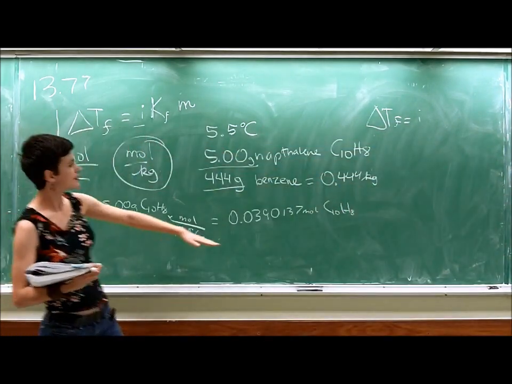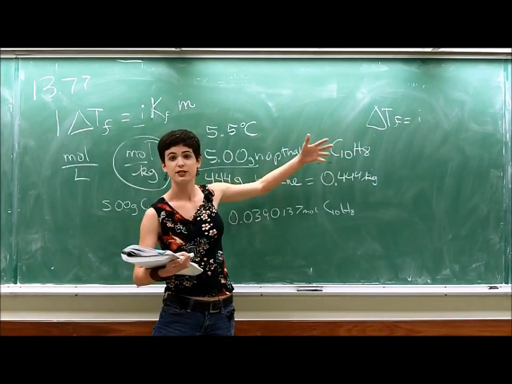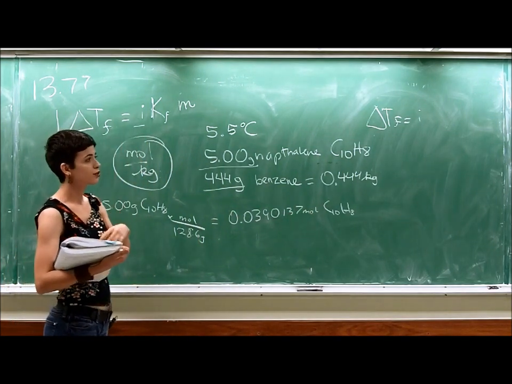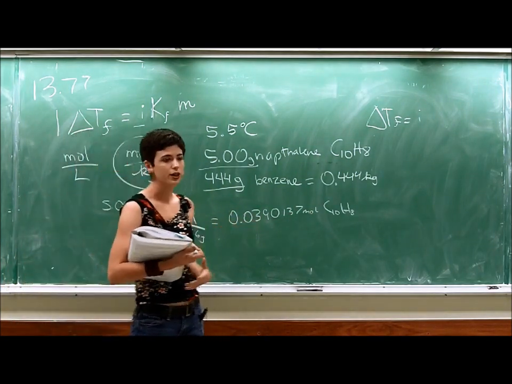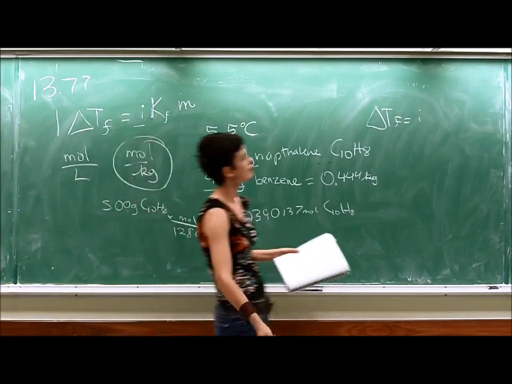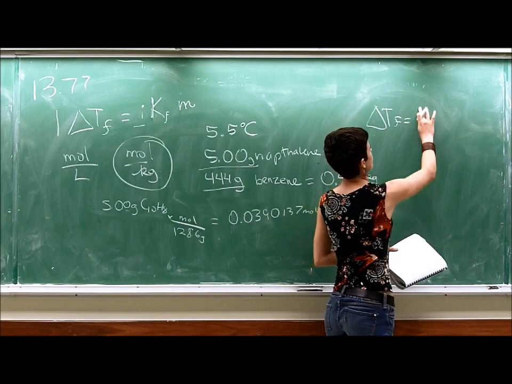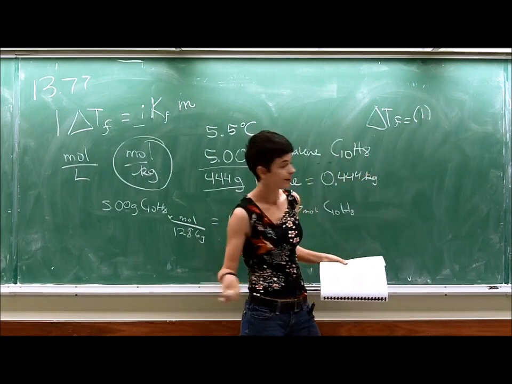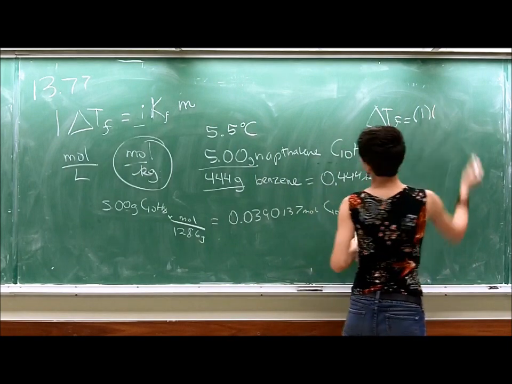So in the case of naphthalene, it's just a hydrocarbon. It is a non-electrolyte. It does not dissociate in water. So we just have i is equal to 1. So when we apply our formula, we're just going to put a 1 here. It's unitless. It's just a correction factor.